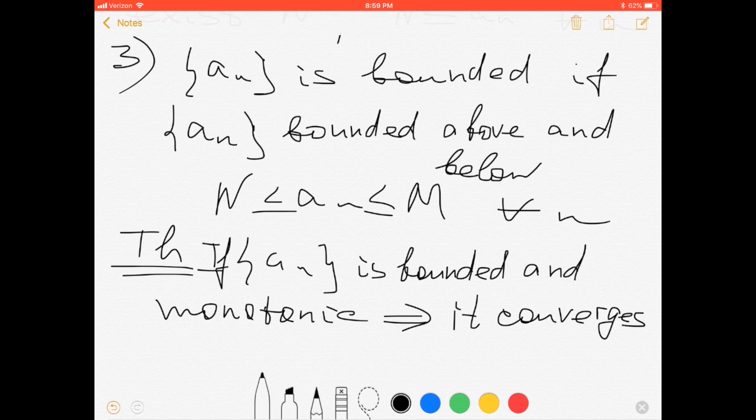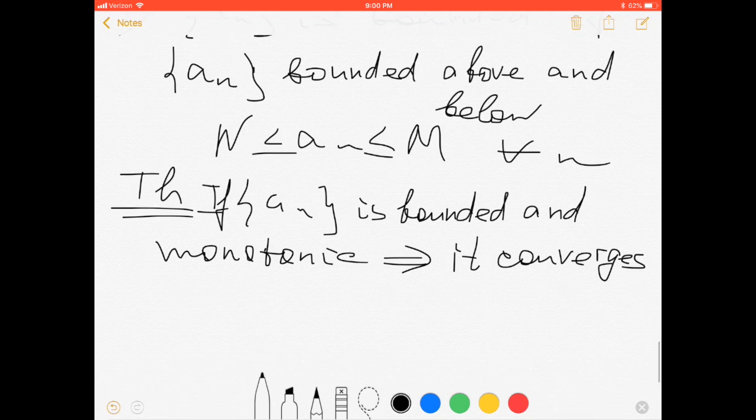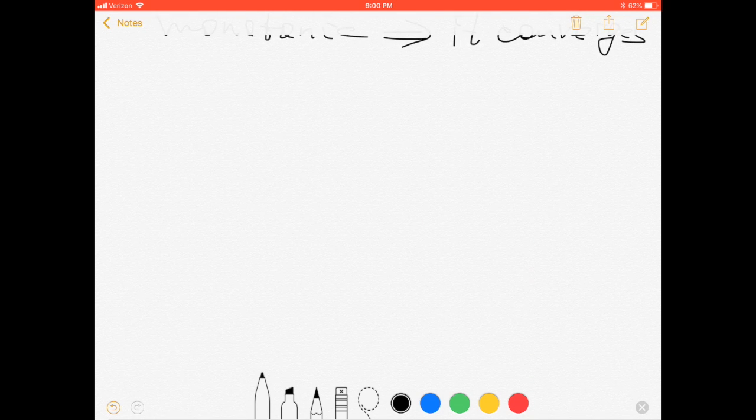Look here, be careful. This theorem works in only one direction. This means bounded and monotonic implies converges. Converges does not mean it is bounded and monotonic at the same time. It means bounded, we can prove this fact, but it does not mean it is monotonic. Okay, great.